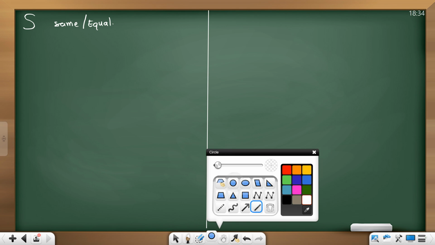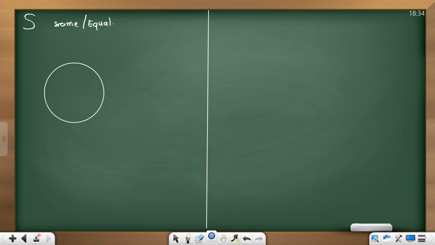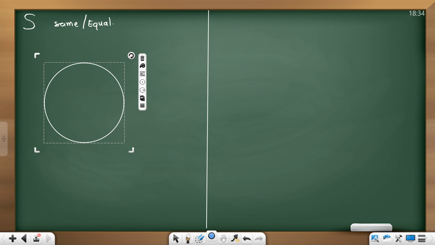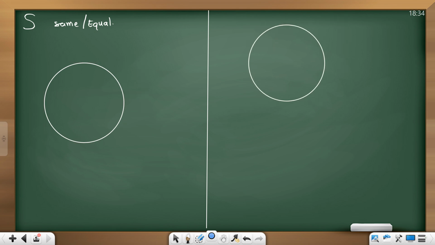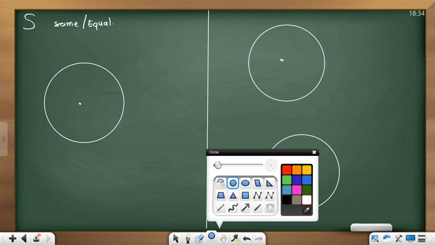Now there are 3 different things that I need you to see from here. Center of the circle, center of the circle, center of the circle.